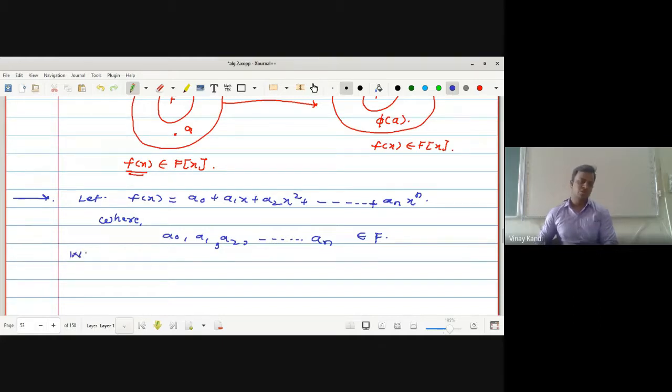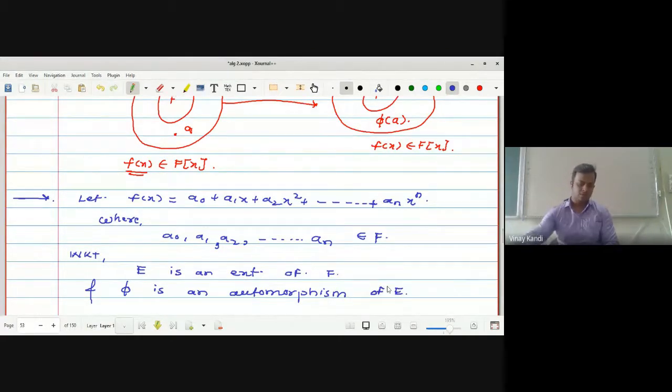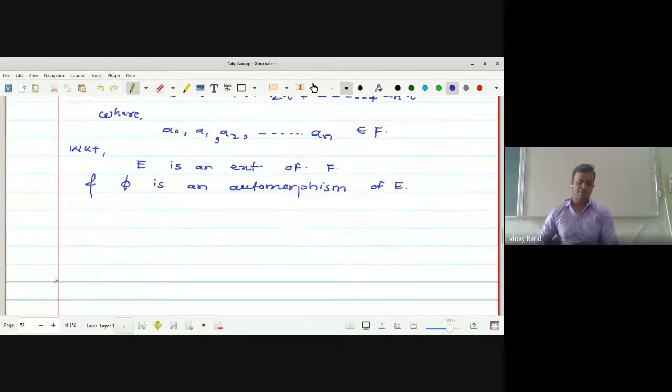Now we know that E is an extension of F. Okay, what is given to us? E is an extension of F, and phi is an automorphism of E, leaving every element of F fixed.